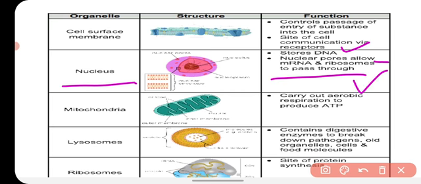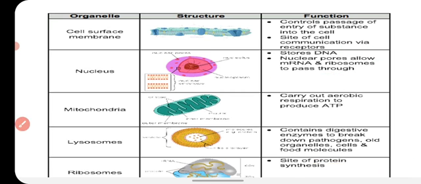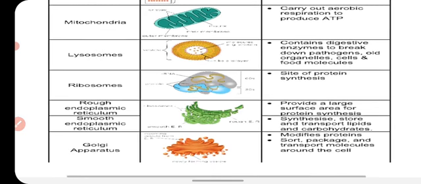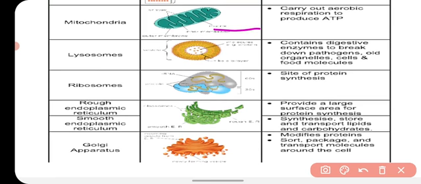It contains all the hereditary material and it transfers the characteristics from parent to the offspring. Mitochondria is the cell organelle which carries out aerobic respiration to produce energy in the form of ATP. Lysosome contains digestive enzymes, breaks down the pathogen, old organelle, cell and food molecule. They help in intracellular digestion.